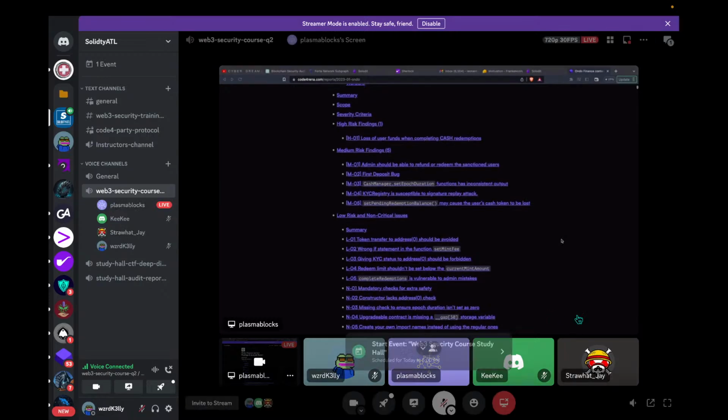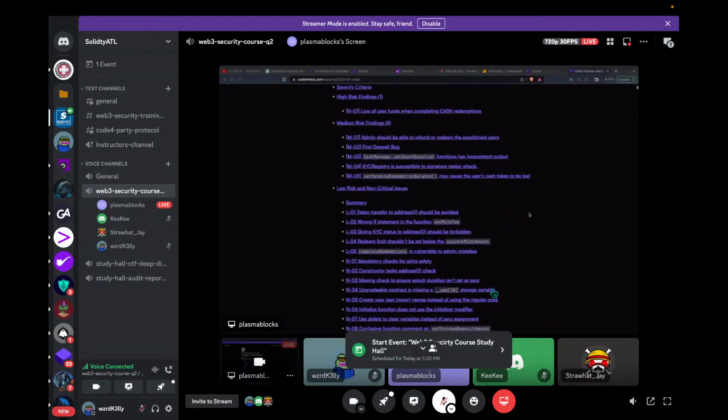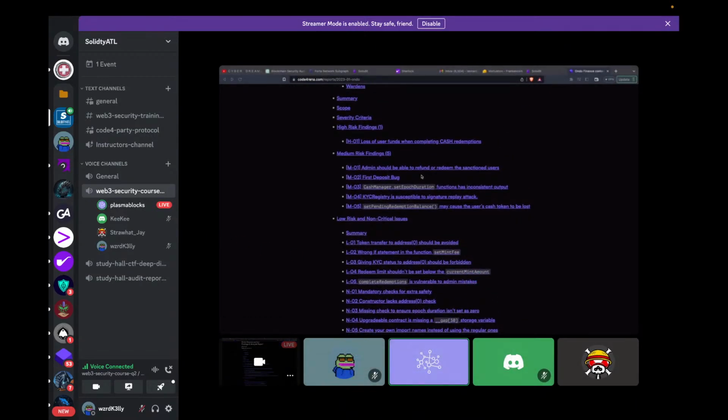Okay. So if you look at the audit report, even in this one in particular, you can see the name of all of the vulnerabilities and their severities at the top before you click into them.